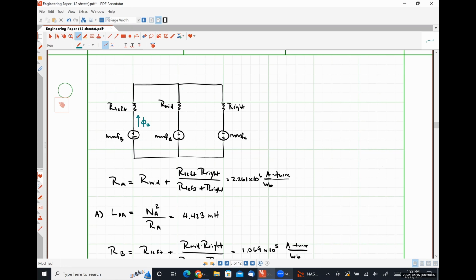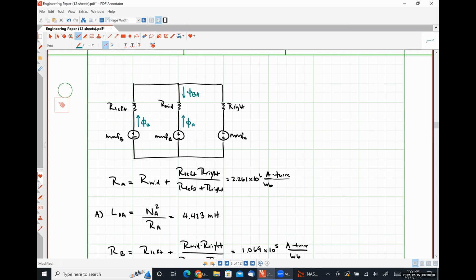And so the part of it that breaks off and flows through coil A is in the down direction like this. The flux that is generated by coil A is in the up direction, right?